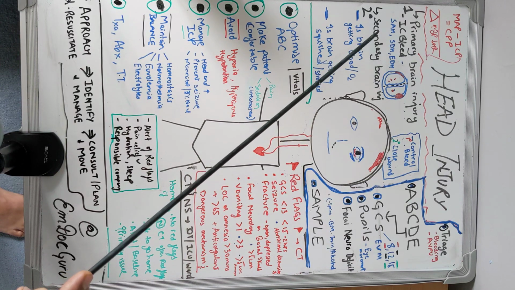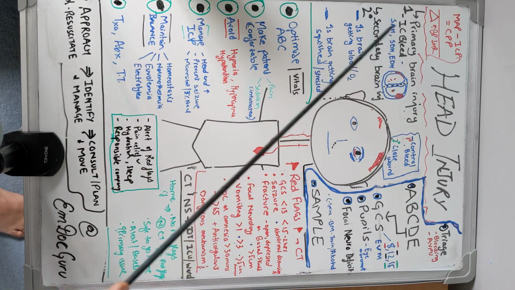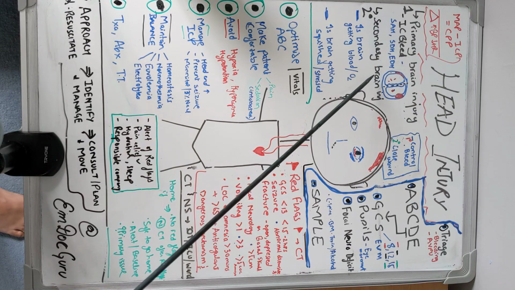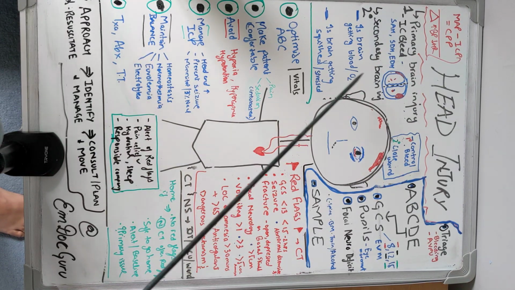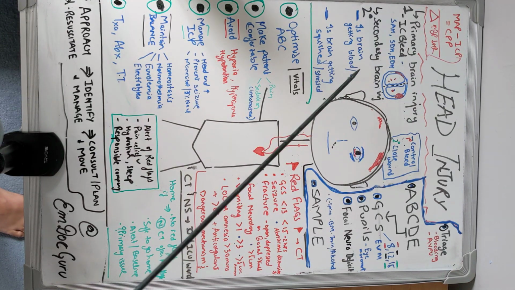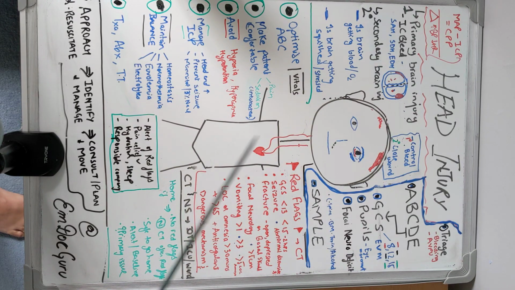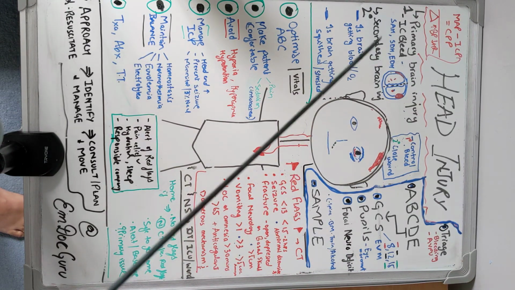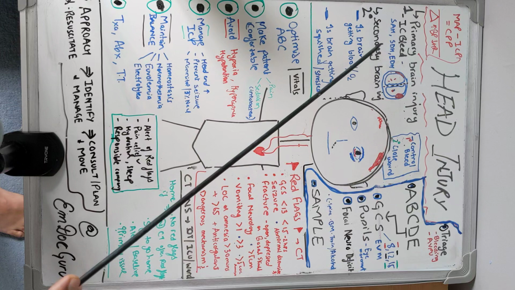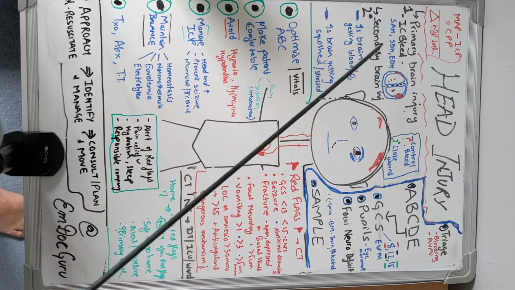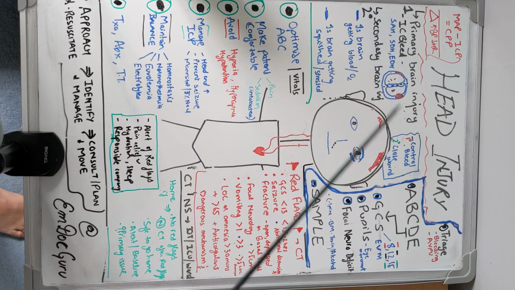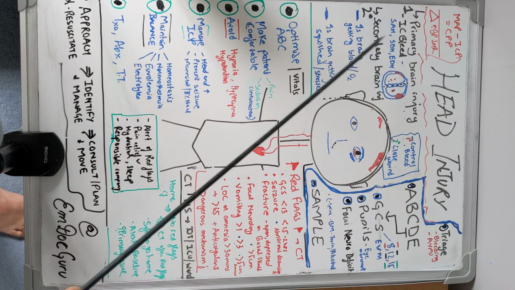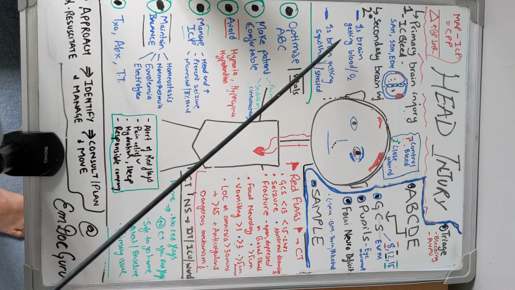Then the secondary brain injury is based on the physiological principles of the blood supply to the brain. Secondary brain injury can happen even after the impact, and this is something that is very important to consider.